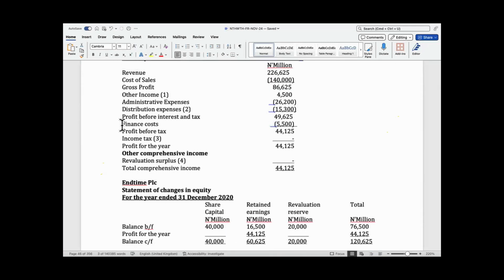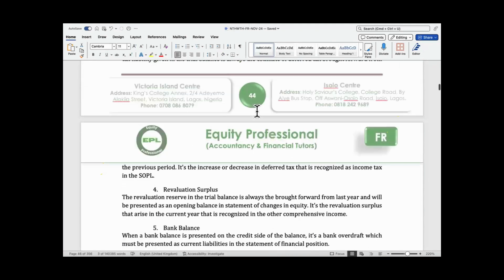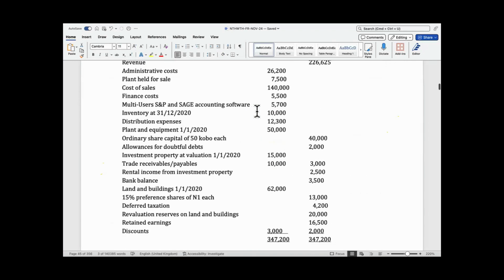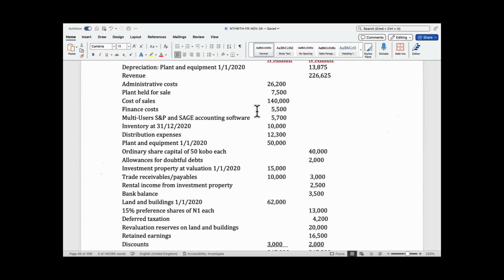So finance costs, 5,500. I just don't want to stress you today. There is another finance cost here, but I don't want to stress you for now. Or can anybody spot the finance cost? Anybody? Let us look at it very well.